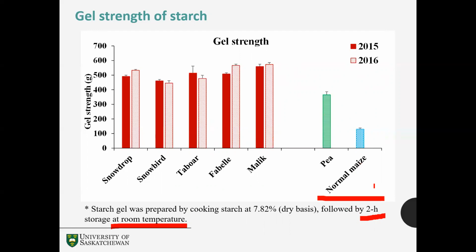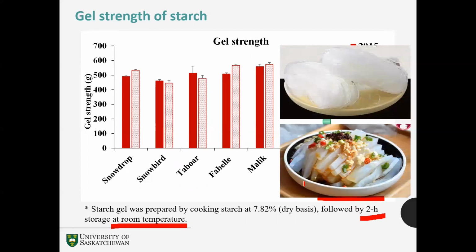It is known that pulse starches are desirable for the preparation of food products like glass noodles or Chinese vermicelli, and also jello-type desserts in the Asian market. This is related to the strong gelling ability of the starches, and currently pea starch is the main pulse starch used for this application.